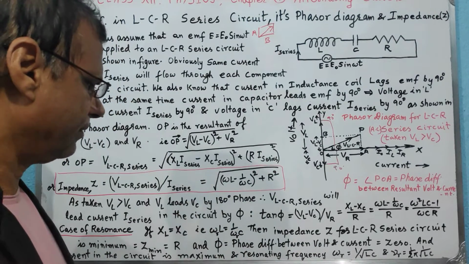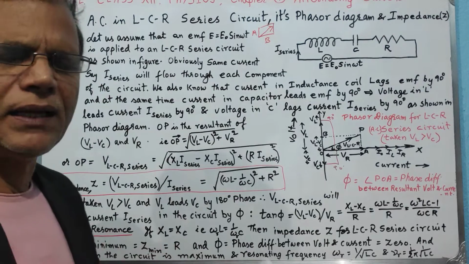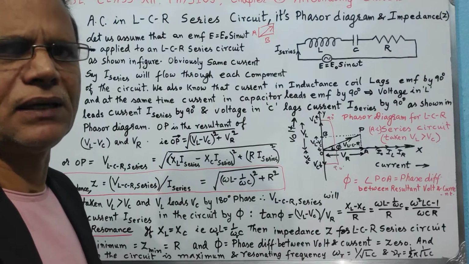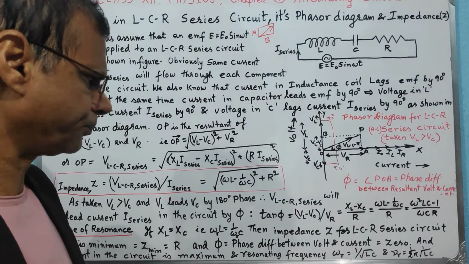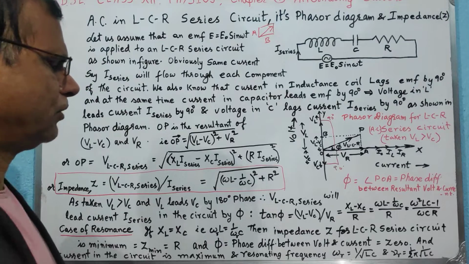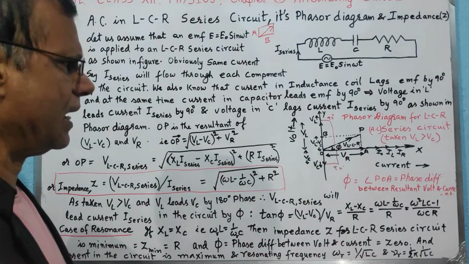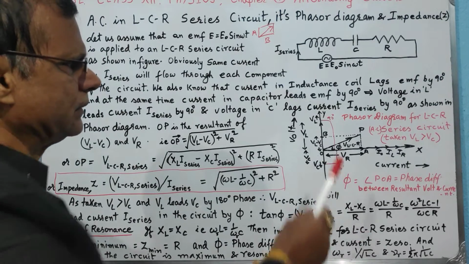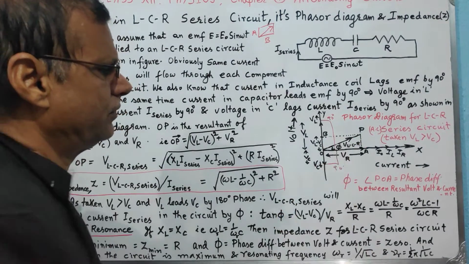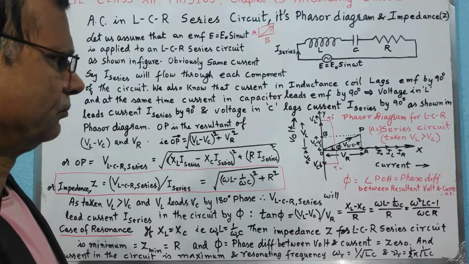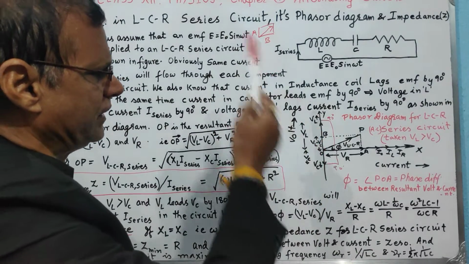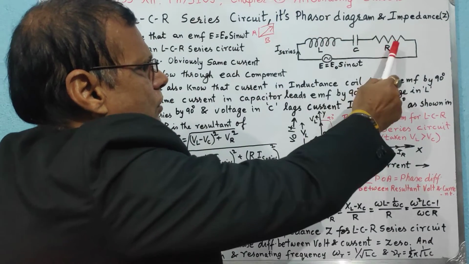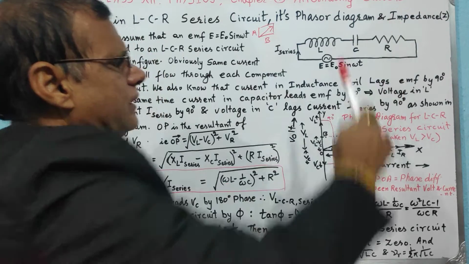So the impedance of the circuit becomes minimum, and if the impedance becomes minimum, the current in the circuit will be maximum for the case of resonance. Impedance will be minimum, equal to the resistance R in the circuit, and also the voltage and current will be in the same phase, because in this case VL minus VC vanishes, so the net potential drop will only exist across the resistance.